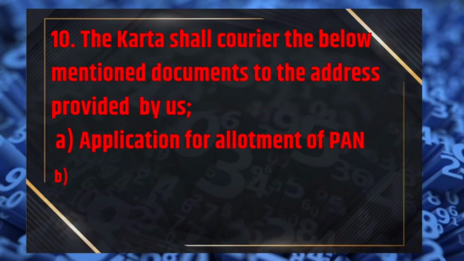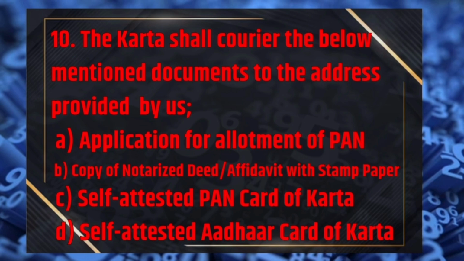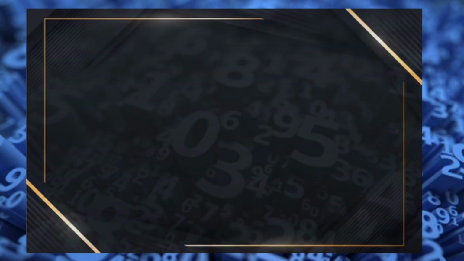10. The Karta shall courier the below mentioned documents to the address provided by us. A. Application for allotment of PAN. B. Copy of notarized deed affidavit with stamp paper. C. Self-attested PAN card of Karta. D. Self-attested Aadhaar card of Karta. 11.